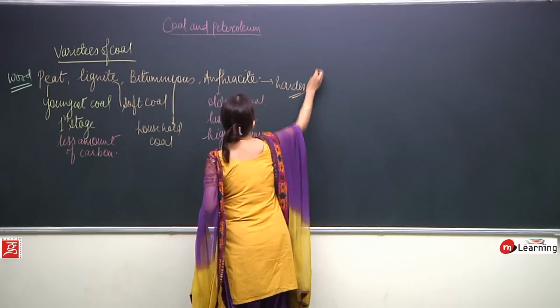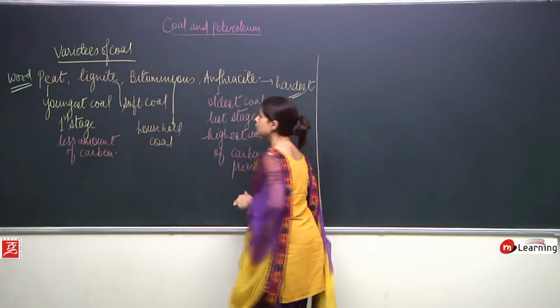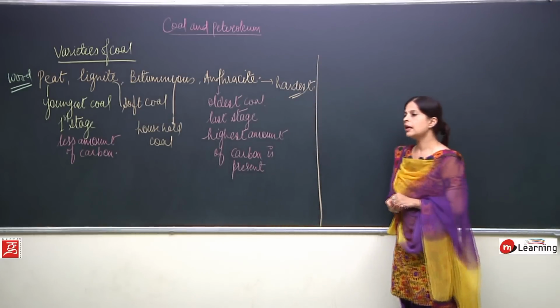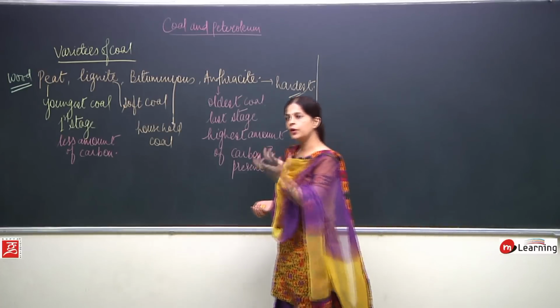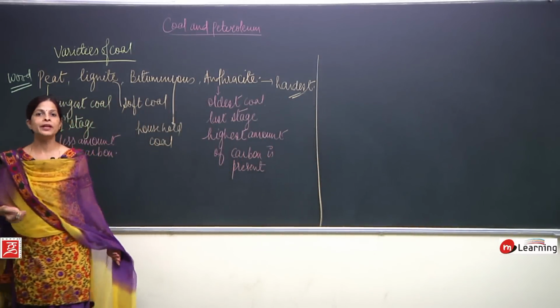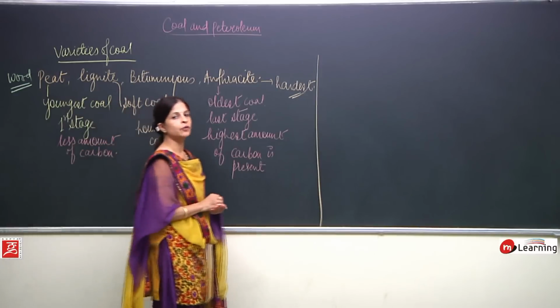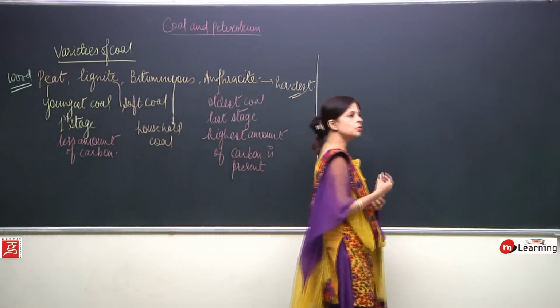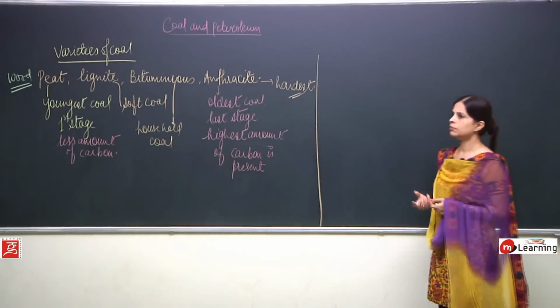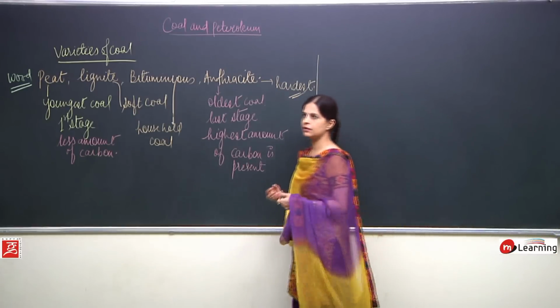Okay, so these were the points on the varieties of coal. Now children, we are all aware that in India also, at various places, we have coal mines. Understood? So at what places do we have coal mines? There are various places.